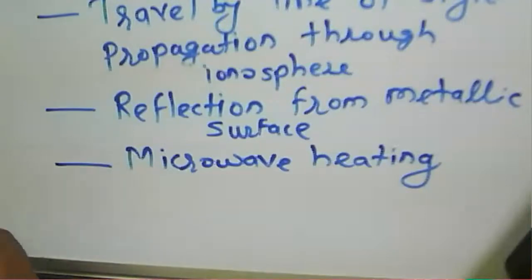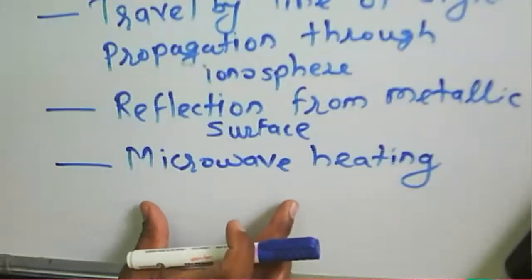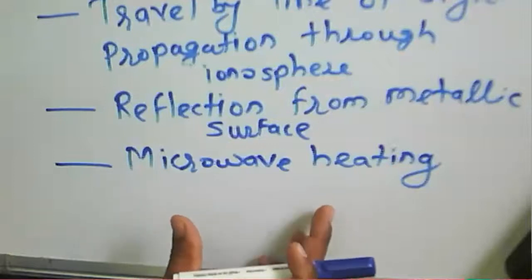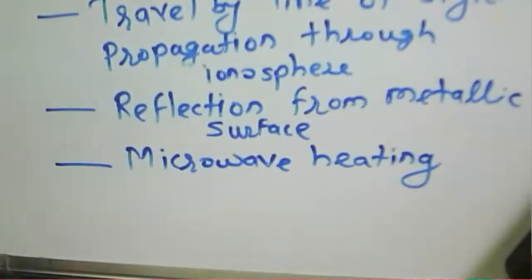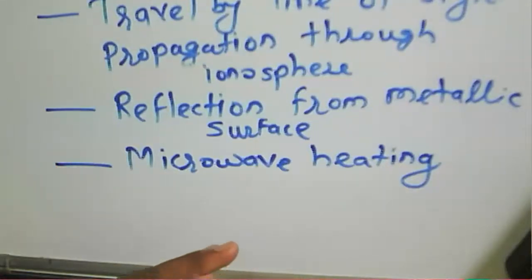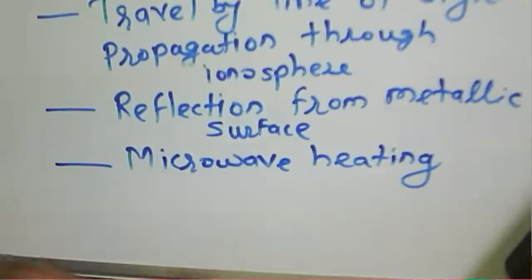So likewise, that is about microwave radiation. Microwave frequency is used for heating. Even at home, you know that a microwave oven is there. Food has some particular dielectric constant, so at a microwave frequency the food changes its properties, and that is the heating.